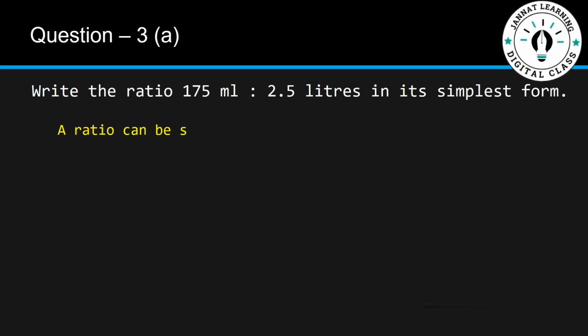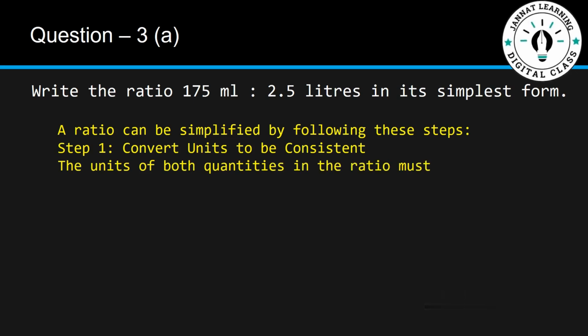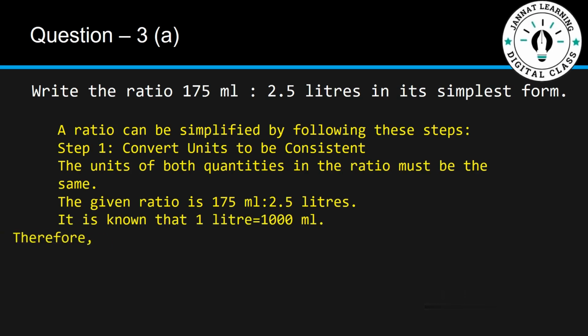A ratio can be simplified by following these steps. Step 1. Convert units to be consistent. The units of both quantities in the ratio must be the same. The given ratio is 175 milliliters to 2.5 liters. It is known that 1 liter equals 1000 milliliters.